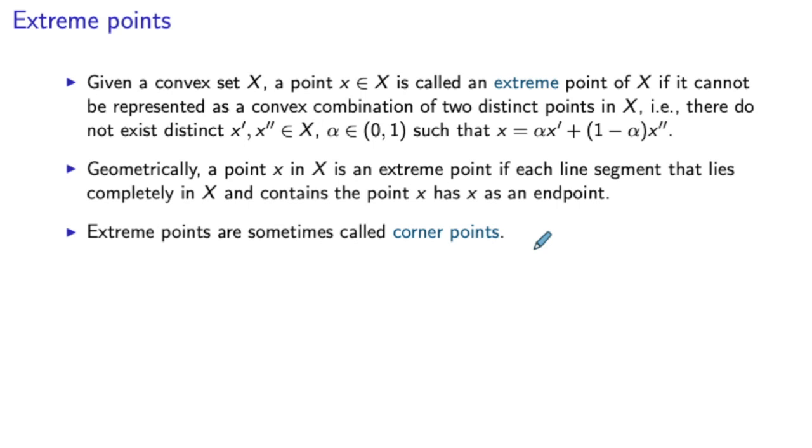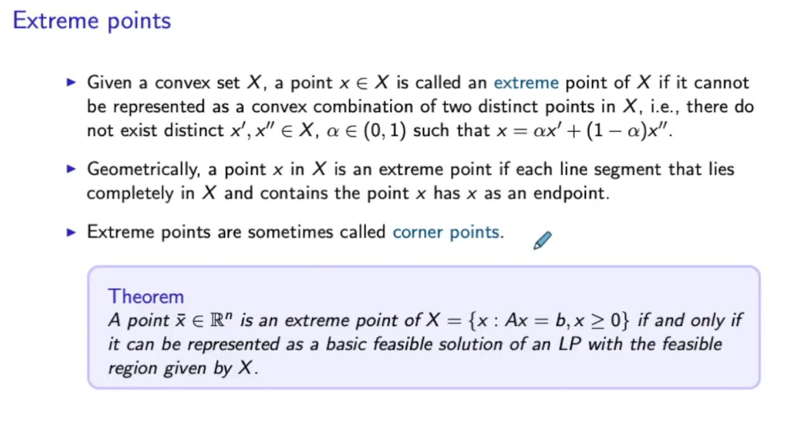in two-dimensional case. And here is an important theorem that relates the extreme points of a set defined by linear constraints to the basic feasible solutions that arise in the context of the simplex method for linear programming. And look, this set X here is a typical feasible set for a linear program.